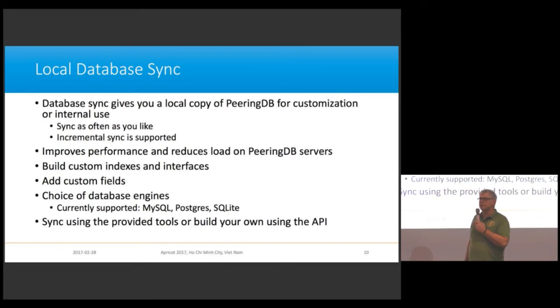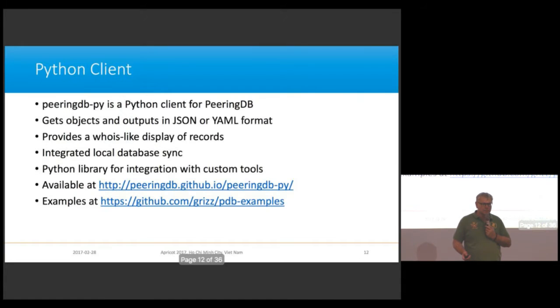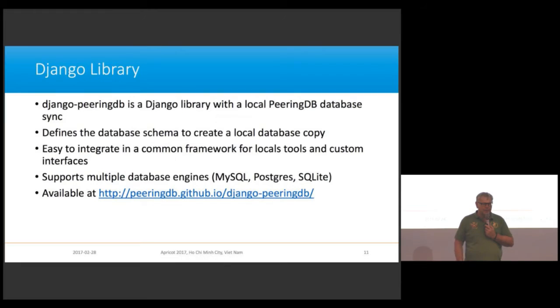If you want, you are also able to set up your own local database and sync it with PeeringDB. The PeeringDB Django library is used for the local database, and locally you are able to use different databases: MySQL, Postgres, SQLite.